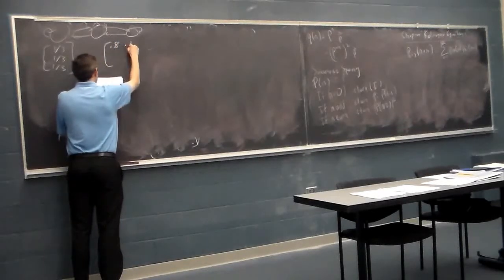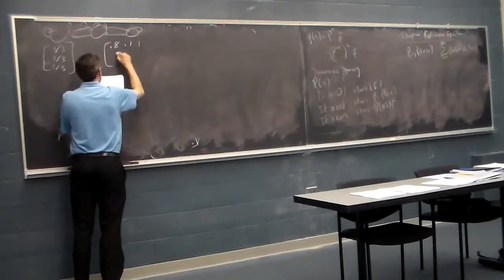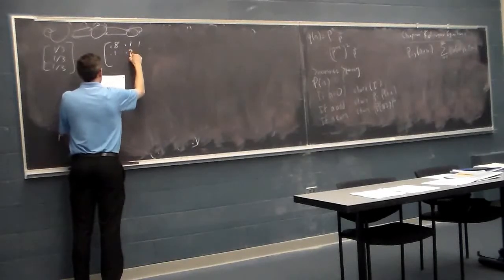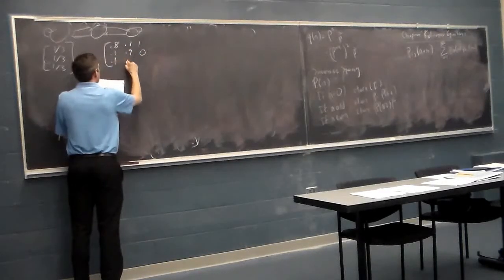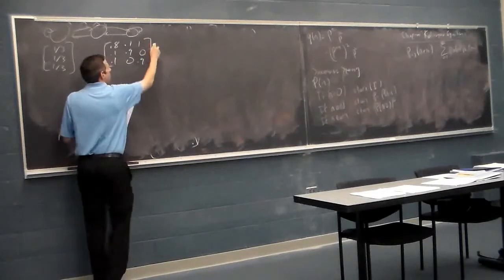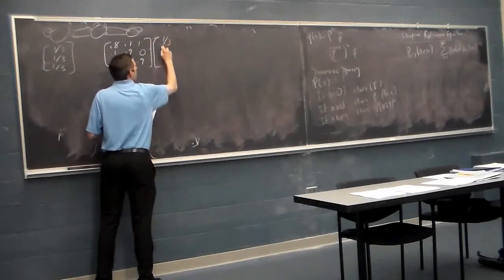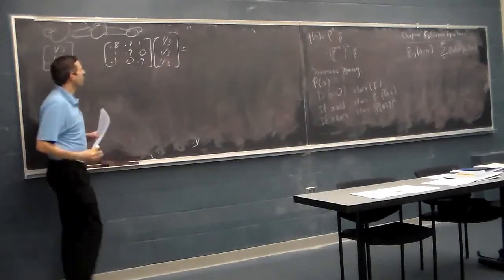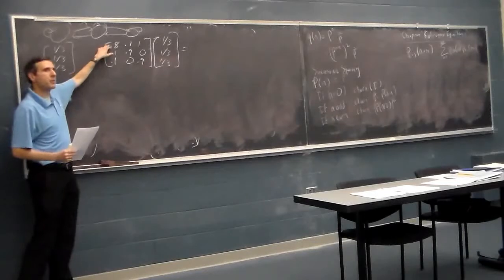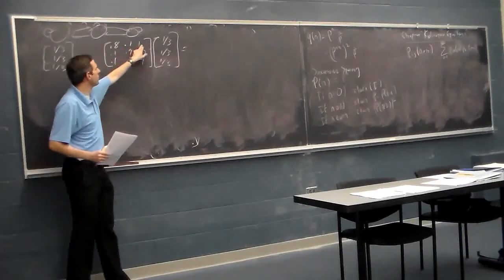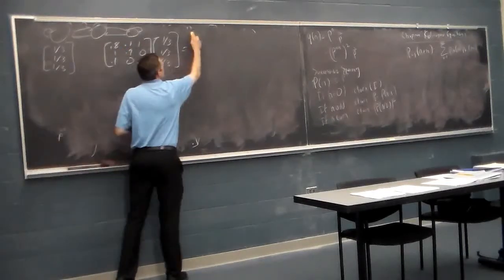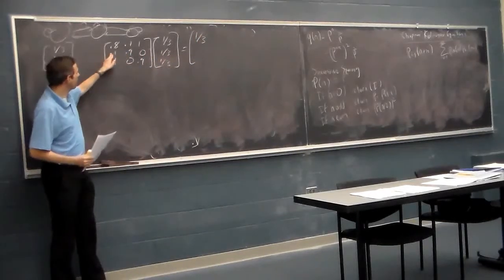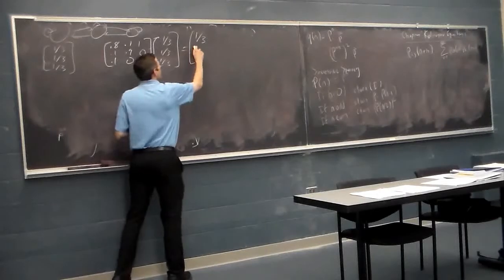So that was, again, 0.8, 0.1, 0.1, 0.1, 0.9, 0, 0.1, 0, 0.9. Multiply that by 1/3, 1/3, 1/3. And what you get out is 1/3 times 0.8 plus 1/3 times 0.1 plus 1/3 times 0.1, which is 1/3. 1/3 times 0.1 plus 0.9, which is 1/3.